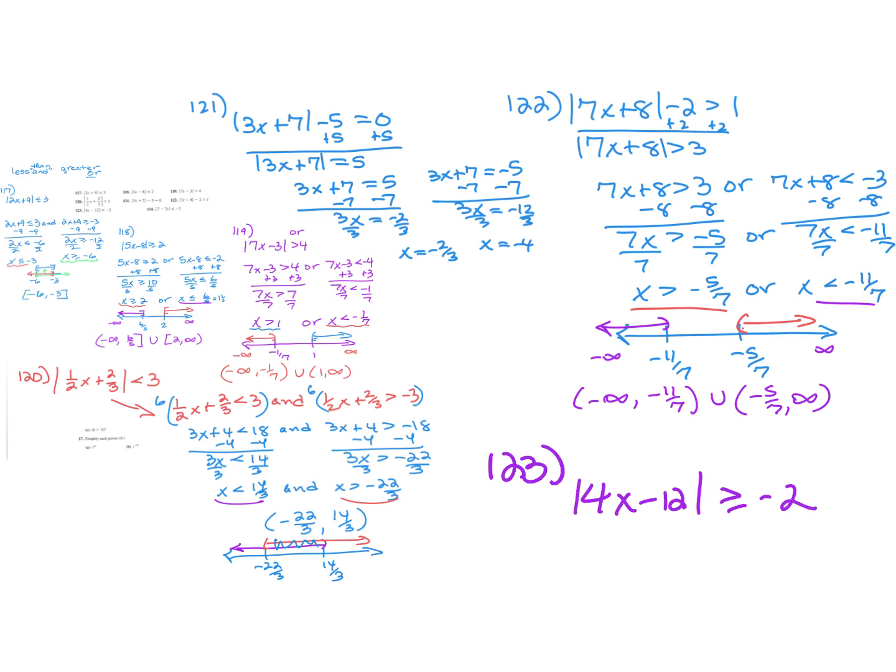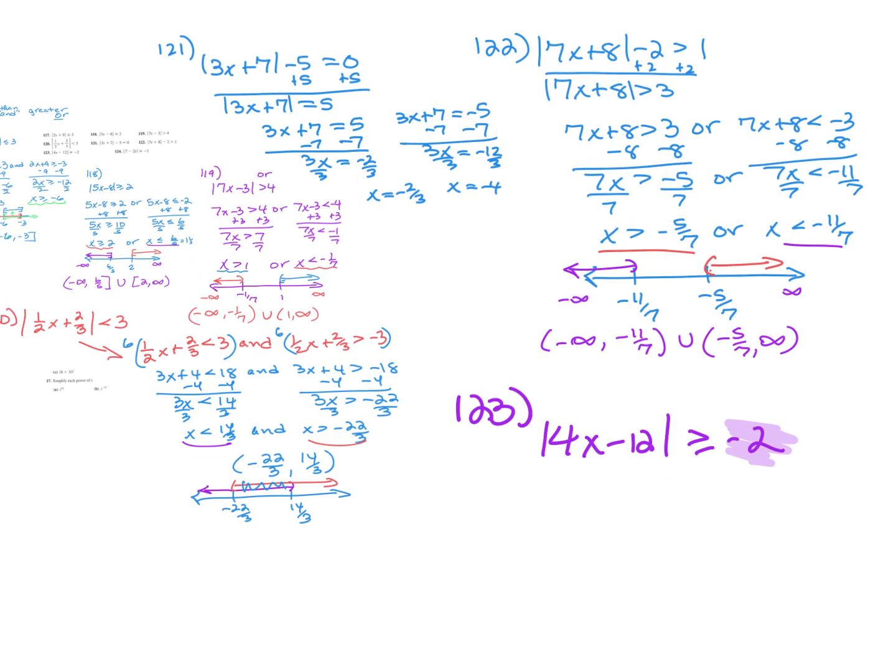Well, as soon as I see a negative number over here, and I already see my absolute value is isolated, that's a red flag for me. I need to stop and think about this. What's going to come out of this absolute value will always be positive, so this will always be a true statement. So I don't need to do any work here. The answer is all real numbers. So negative infinity to positive infinity.